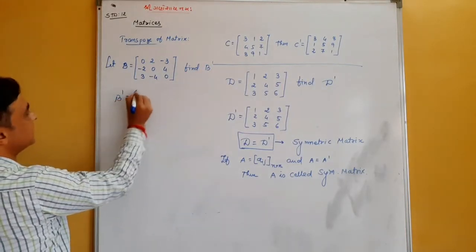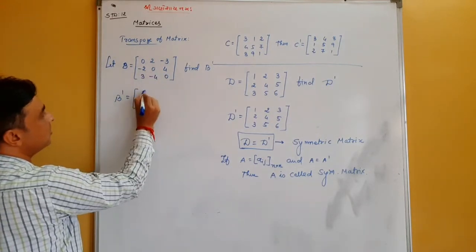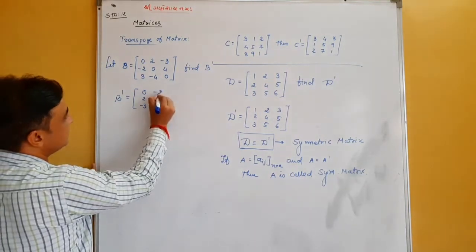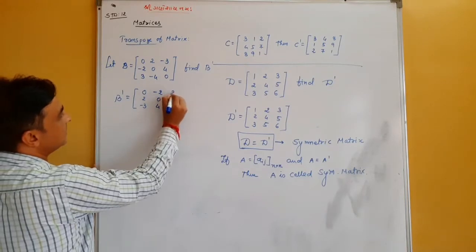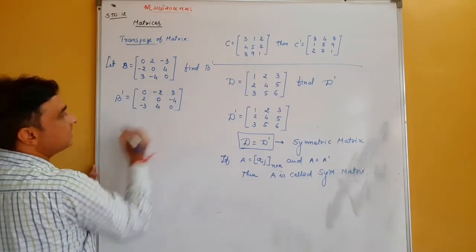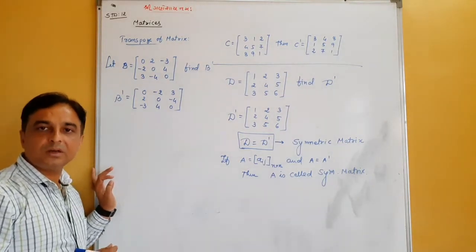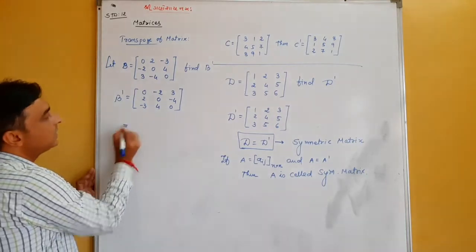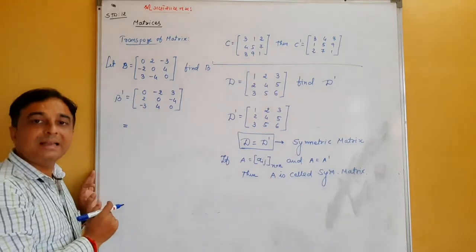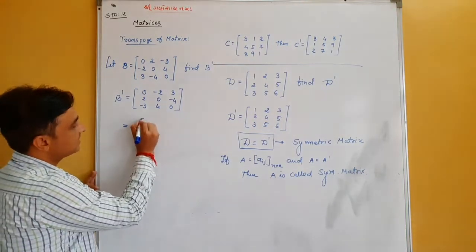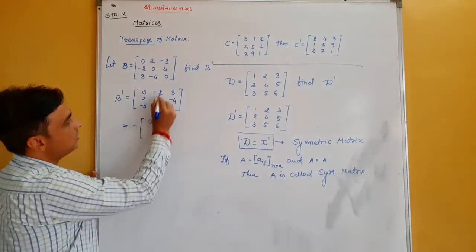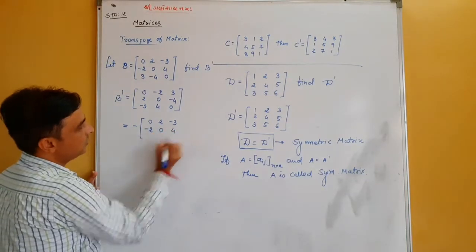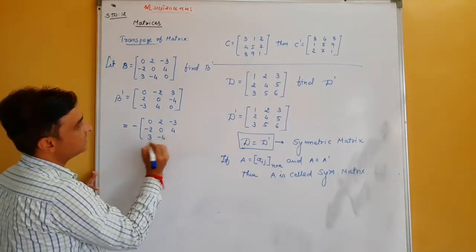So here B dash, first row 0, 2, minus 3, and so on; the corresponding row is converted to the corresponding column. Now, take minus common from all the elements. So minus common: 0, 2, minus 3, minus 2, 0, 4, 3, minus 4, 0.